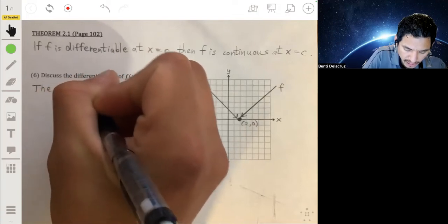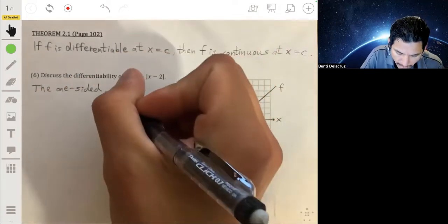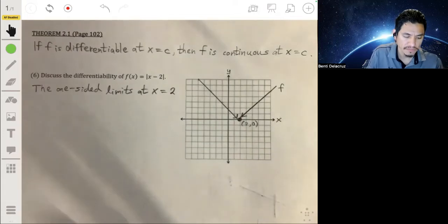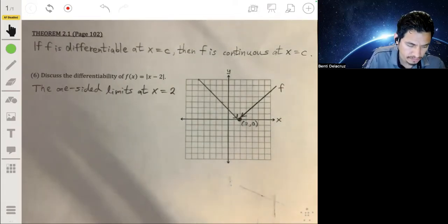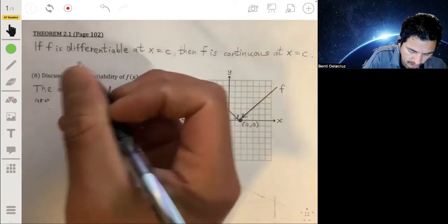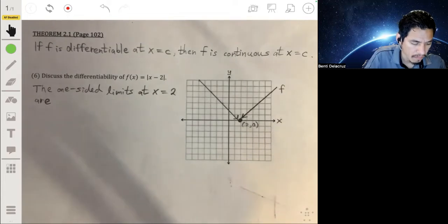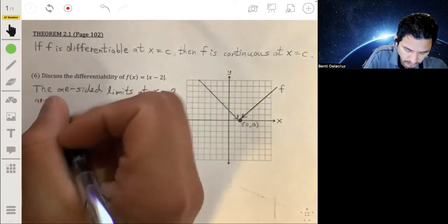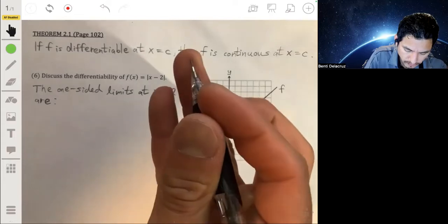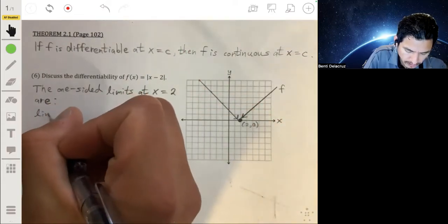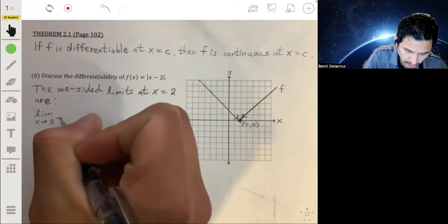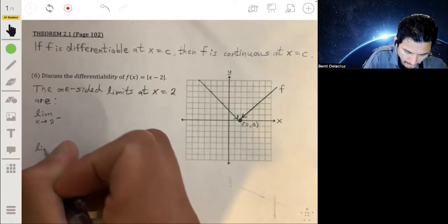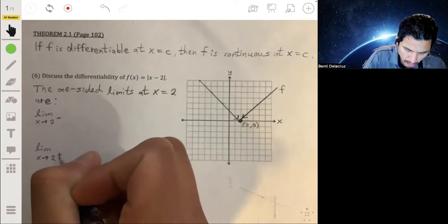The one-sided limits at x equals 2 are, let's look at the left and let's look at the right: the limit as x approaches 2 from the negative side, and then the limit as x approaches 2 from the positive side.